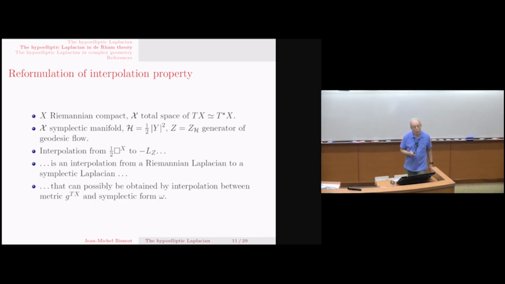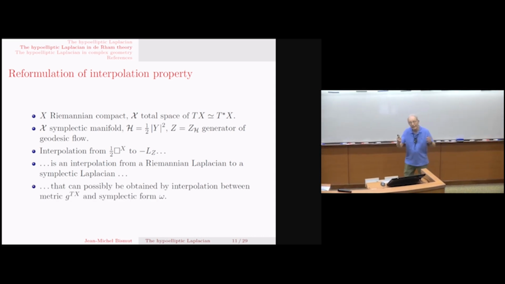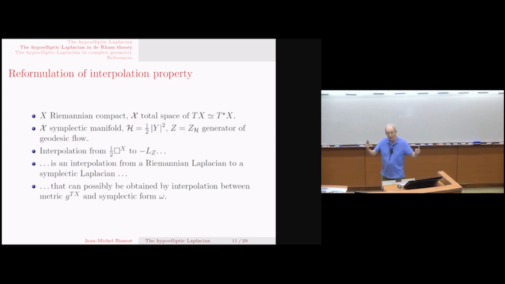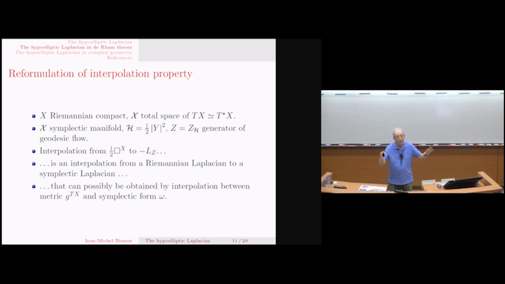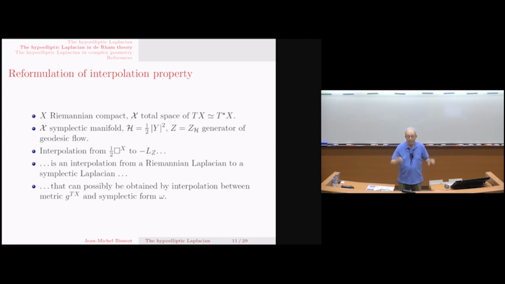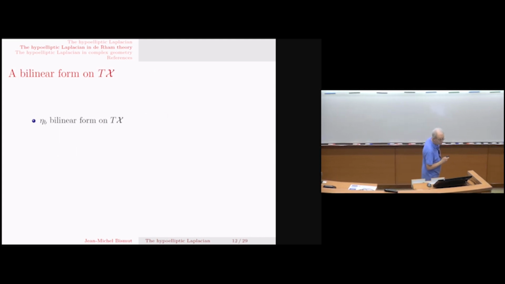And so, what we shall do to obtain the intermediate constructions is exactly first to try to interpolate between the metric g^TX and the symplectic form. So how can we do that? It's very simple.